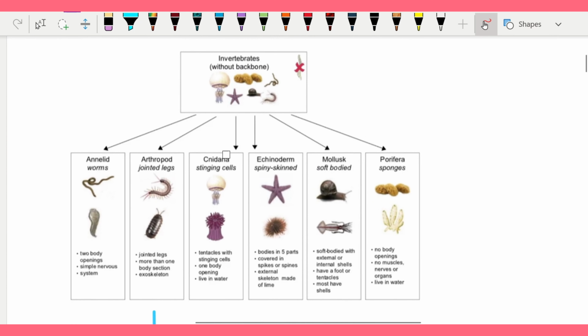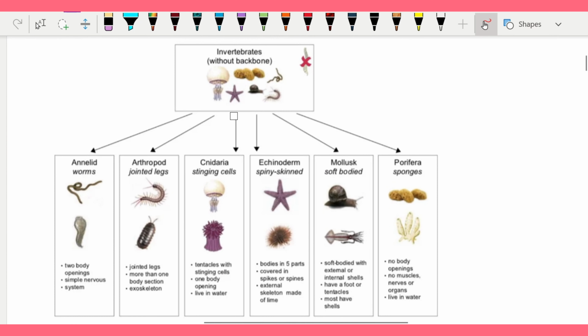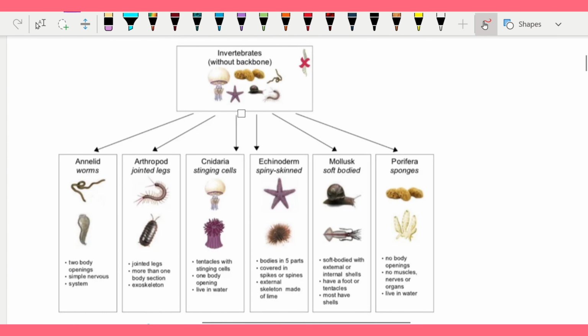Here, invertebrate is without backbone, like jellyfish, starfish. 1, 2, 3, 4, 5, 6 into 6 categories. So, annelid, arthropod, cnidaria, echinoderm, mollusk, and porifera. Each has this example: worms. Arthropod is like centipede, millipede.